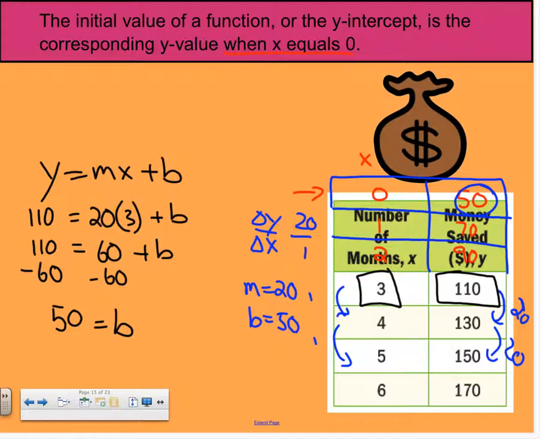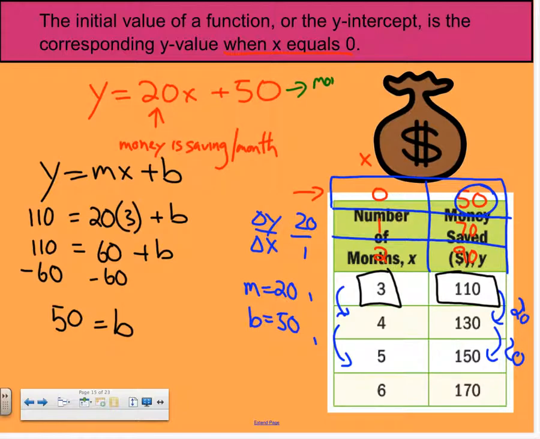So we need to find and interpret. If we were going to write this as an equation, our equation would be y equals 20x plus 50. And we know that the 20 is our rate, okay? And this is how much money that she is saving per month. The y-intercept, this would be money that she already has.